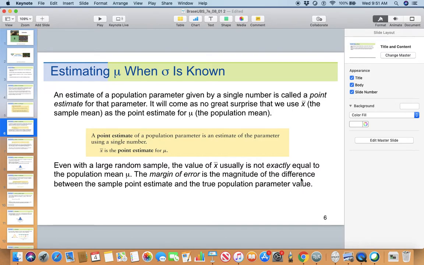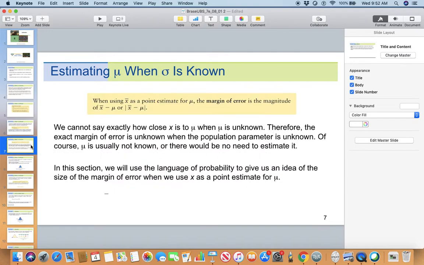Magnitude means absolute value. You see, your estimate might be higher or lower than the actual or true population parameter. People don't like to think of margin of error as negative. So that's why you take the magnitude, or absolute value, of the difference.